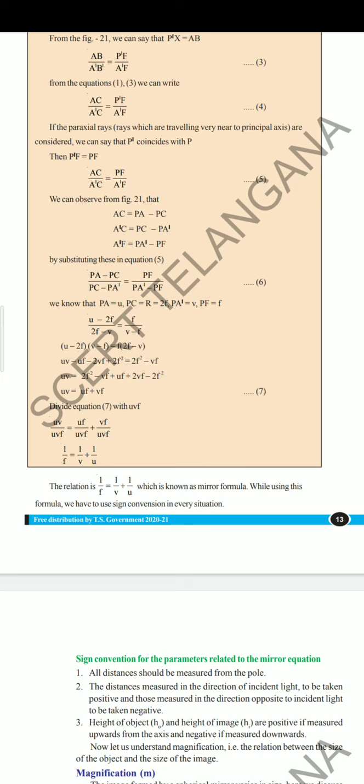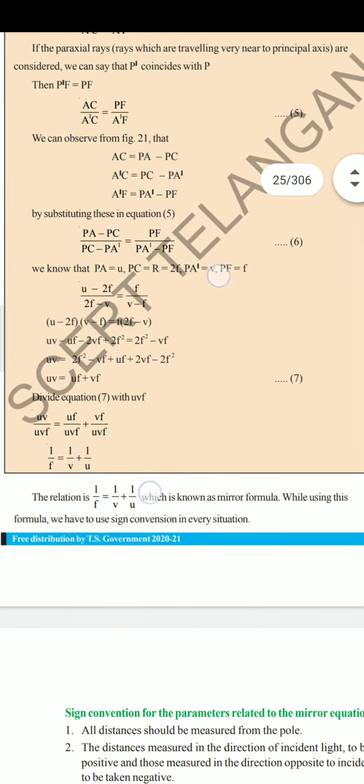u minus 2f into v minus f equals f into 2f minus v. uv minus uf minus 2fv plus 2f square is equal to 2f square minus vf. uv equals 2f square minus vf plus uf plus 2vf minus 2f square. uv is equal to uf plus vf.